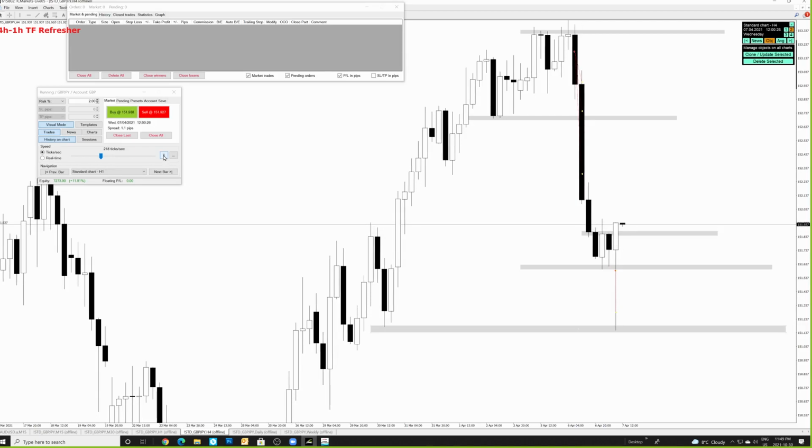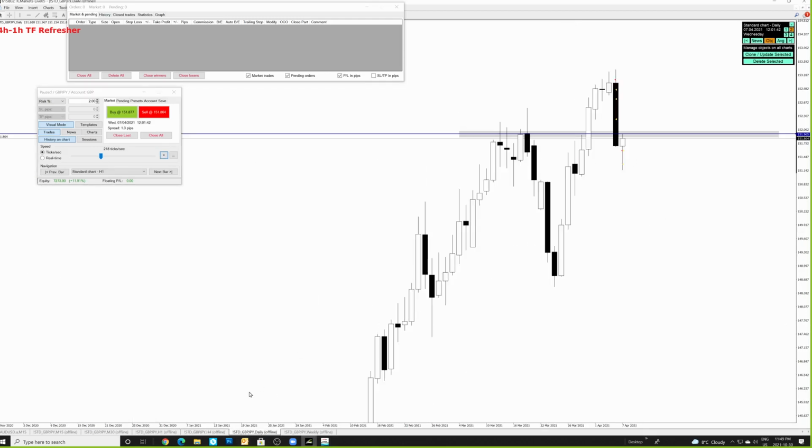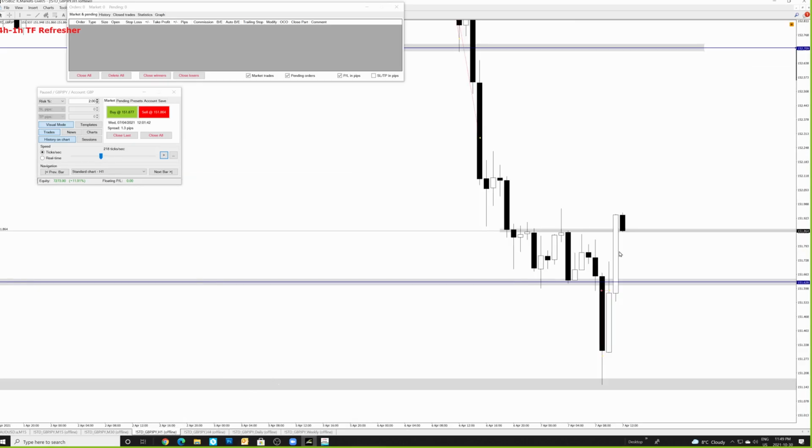All right. Oh, there we go. 4 hour candle closed with no wick at the top. Daily candle still open. 1 hour candle also closed with no wick on the top. I don't think it means a buy because we closed with no wick on the top, right? This can just come back in the range here as well.